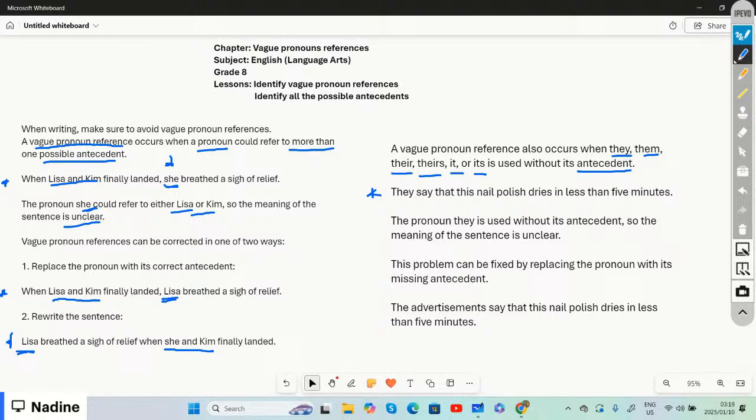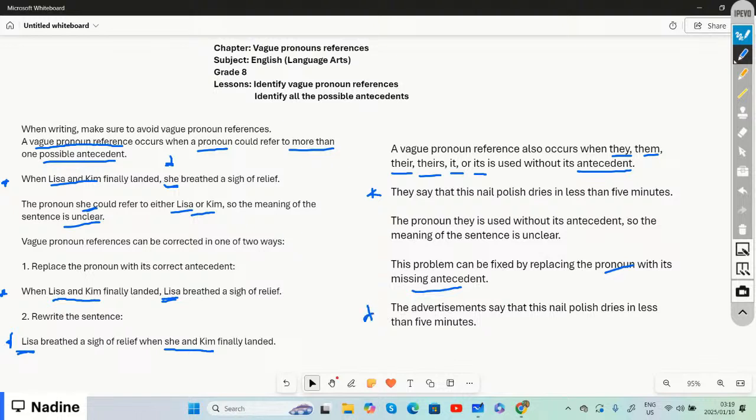And if we look at that sentence, it means that we can fix that unclear sentence. That problem can be fixed by replacing the pronoun with its missing antecedent.